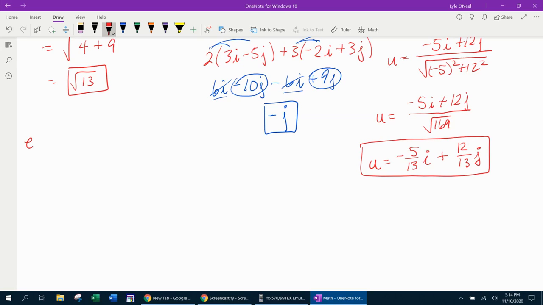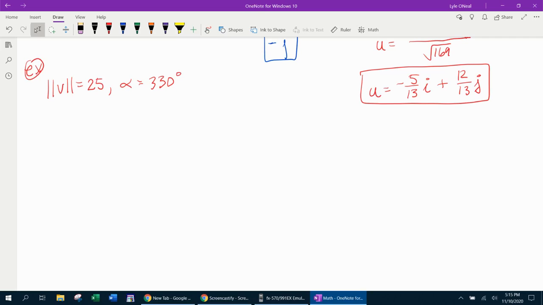All right, next example. Here they give us the magnitude of vector v is 25, and alpha, which they're calling the direction angle, is given to be 330 degrees. And it says write vector v in the form of ai plus bj.